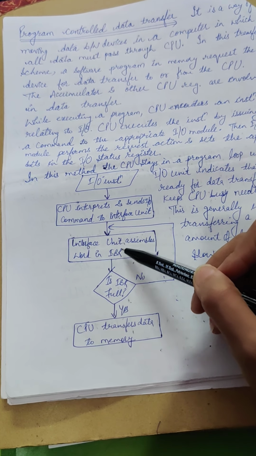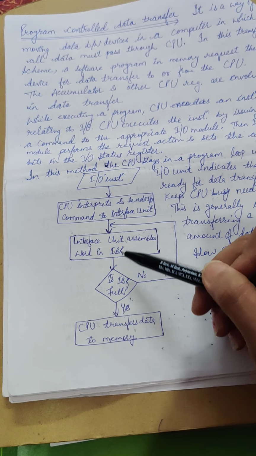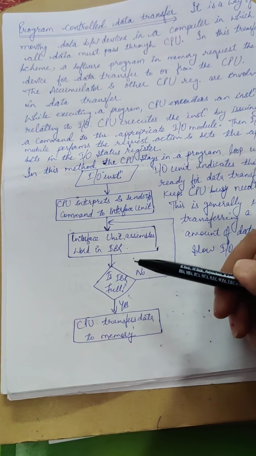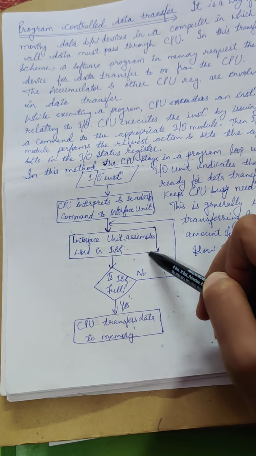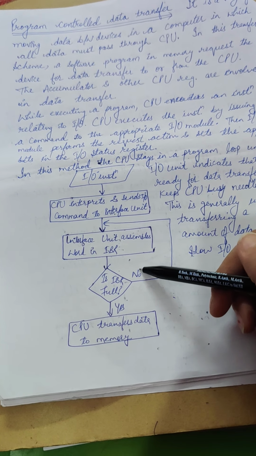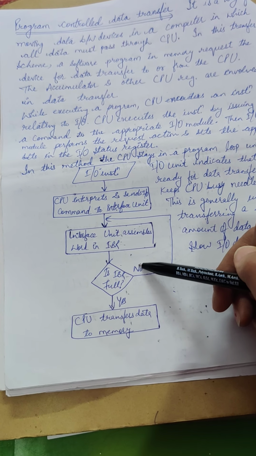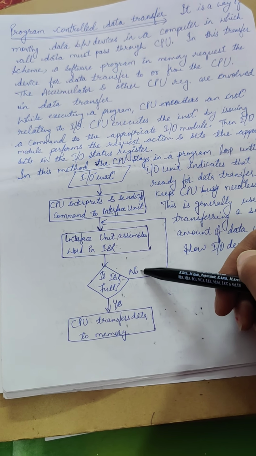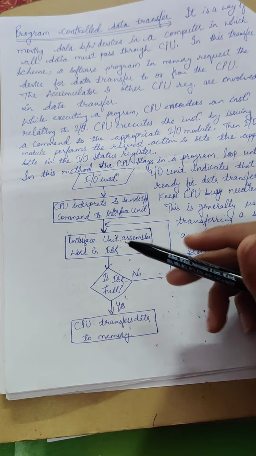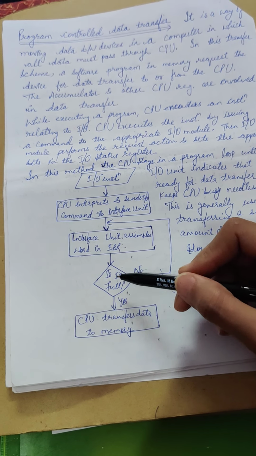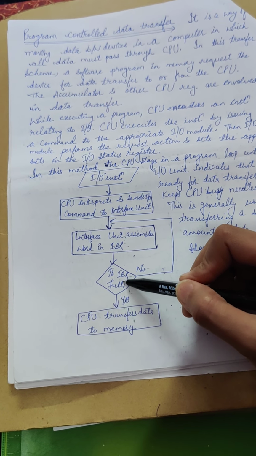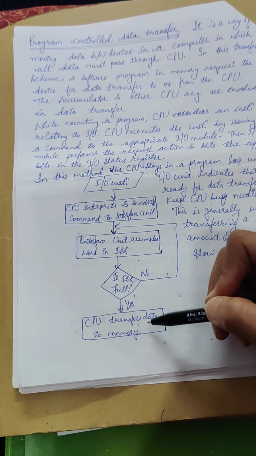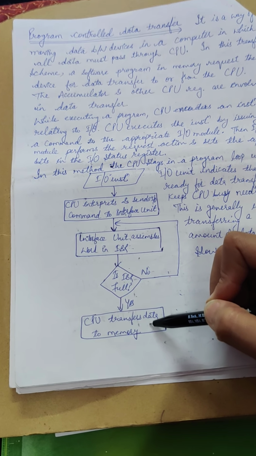Then it is checked whether the IBR register is full or not. If the capacity of that register is full, then no more data can be stored in it. If it is full, then the word from that register is transferred to the memory with the help of the CPU.